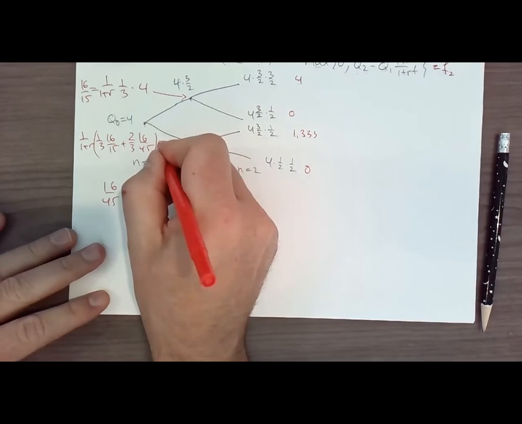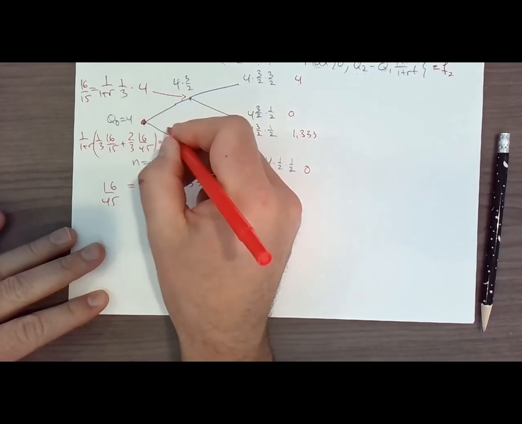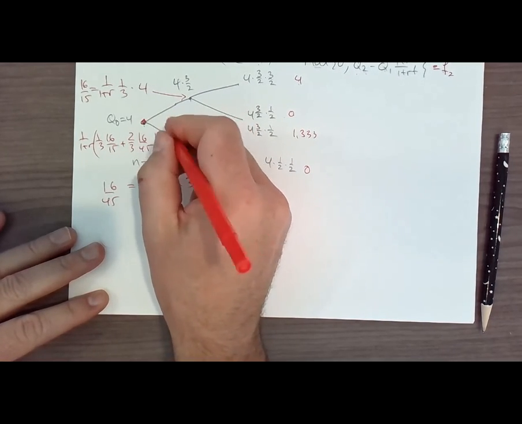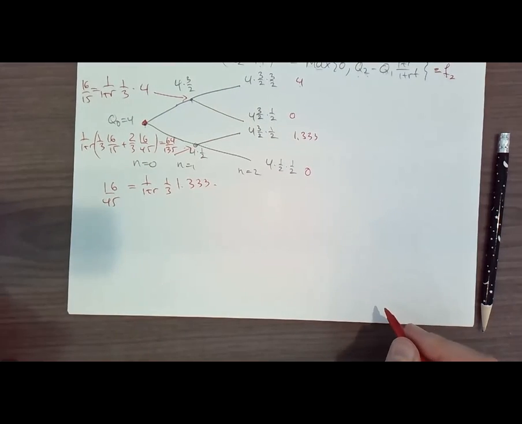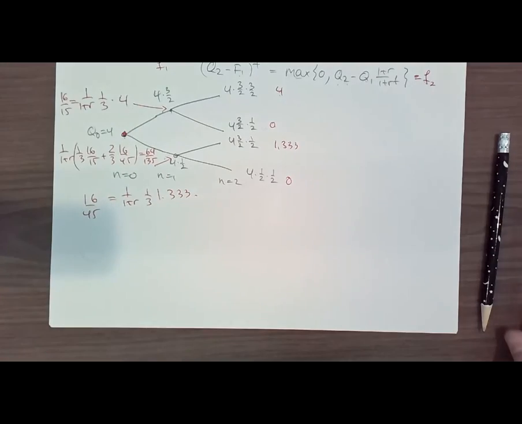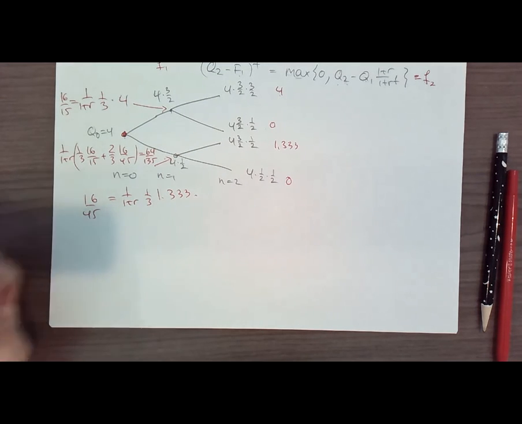If you work out what all that is, you're going to end up with 64 over 135, which is then going to be the price of the forward starting call. And again, you can set up the replicating portfolio, and figure out how you should trade in order to create it.